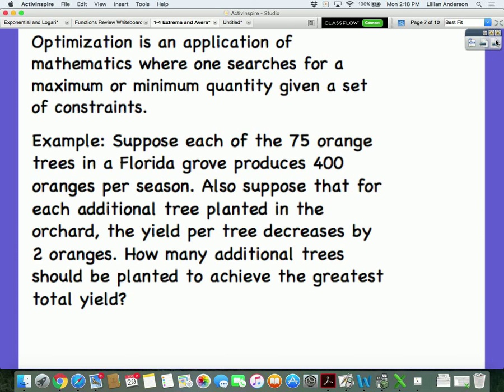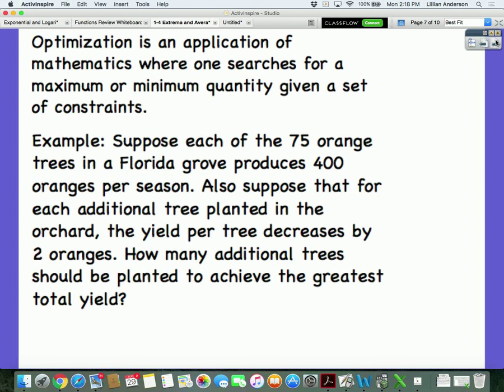So here we go. It says, suppose each of the 75 orange trees in Florida groves produces 400 oranges per season. Okay? So, if each of the 75 trees in Florida produces 400 oranges each, how do you figure out the total number of oranges?